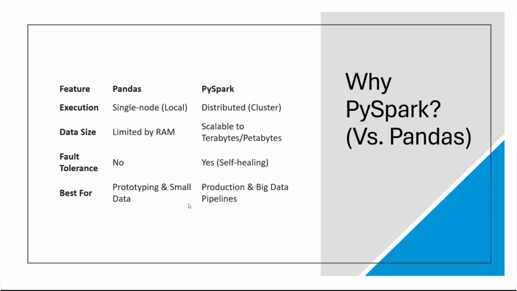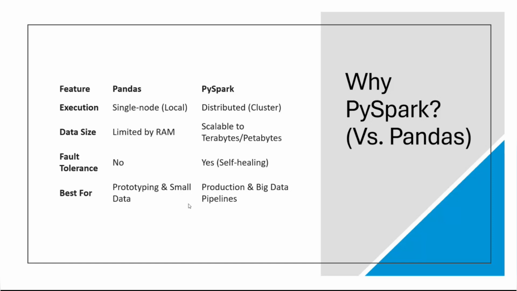The other difference is data size. Pandas is limited to the RAM of the particular machine where we are running it, but PySpark is scalable to terabytes or petabytes of data. Pandas is very good for analysis, but PySpark we use for ETL pipelines, for extracting and transforming the data and loading it to another source.